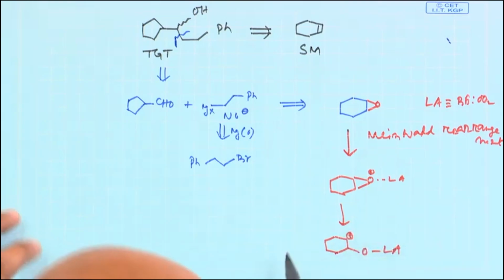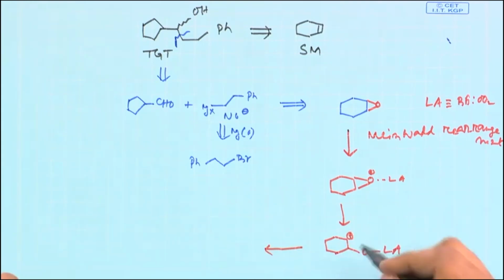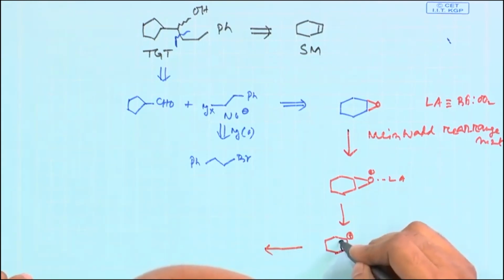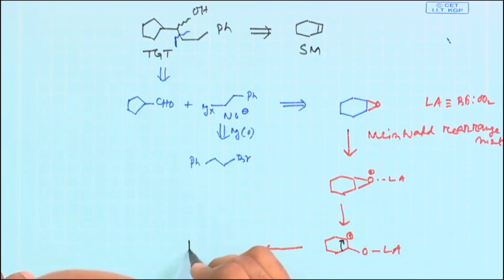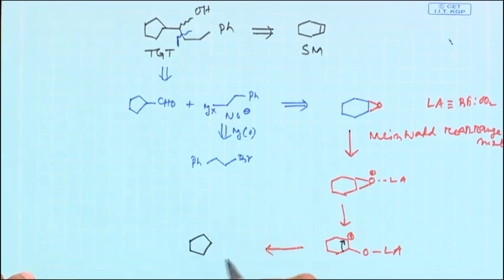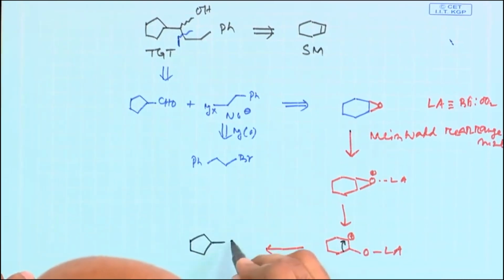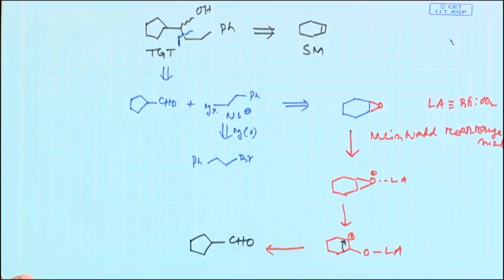Once this carbocation is generated, it undergoes a simple 1,2-migration, and that is the main factor to give the product. Once this migrates, you have a ring-contracted product here, and then the Lewis acid comes back and gives you the corresponding parent aldehyde.